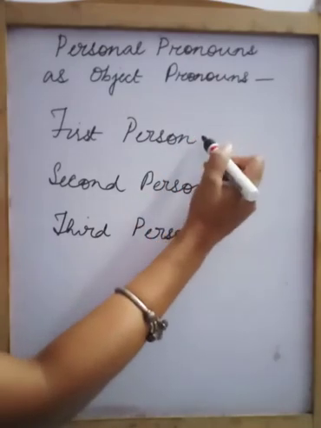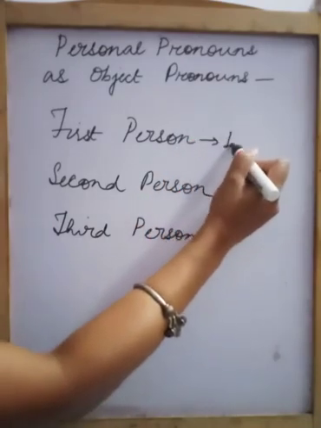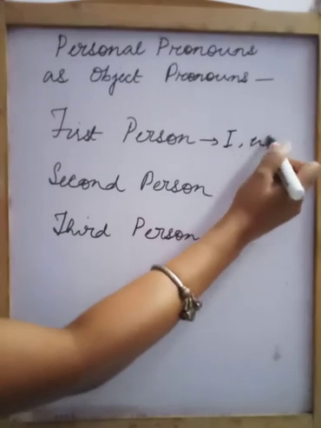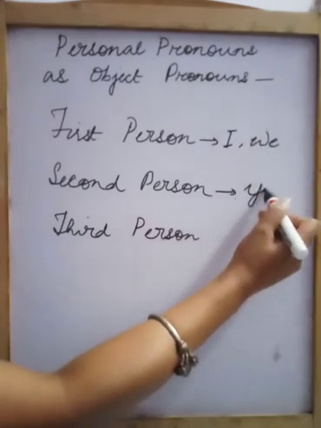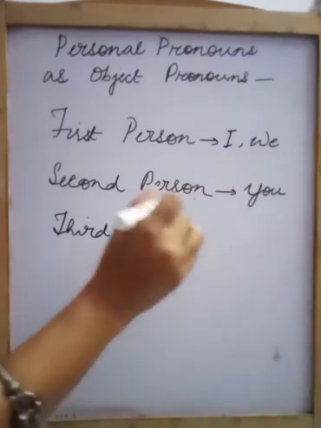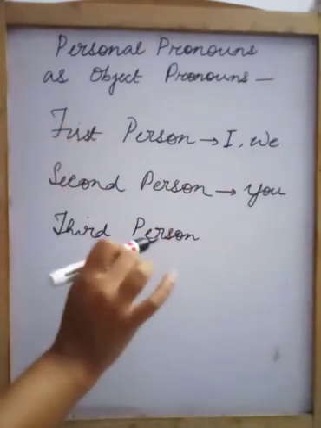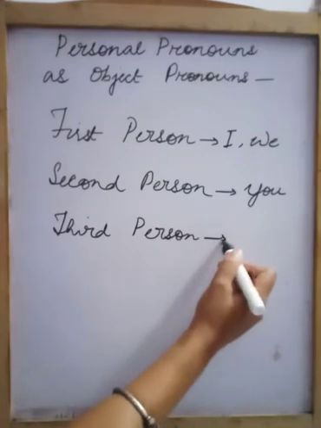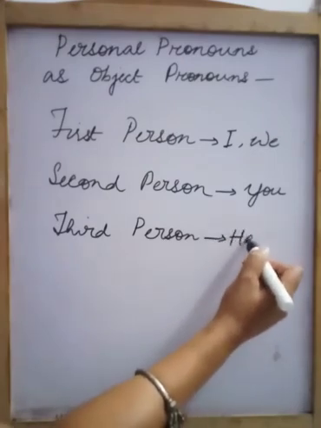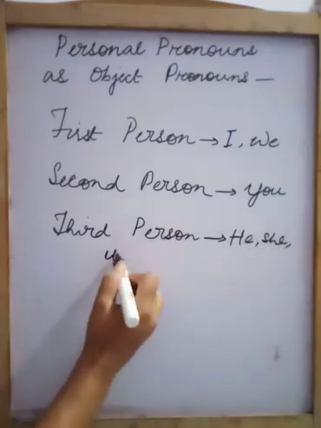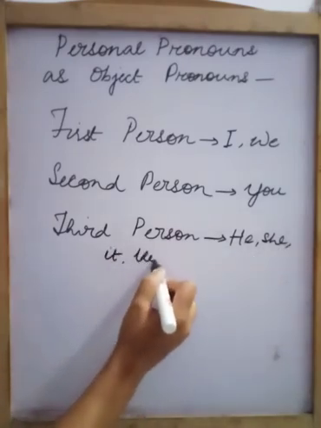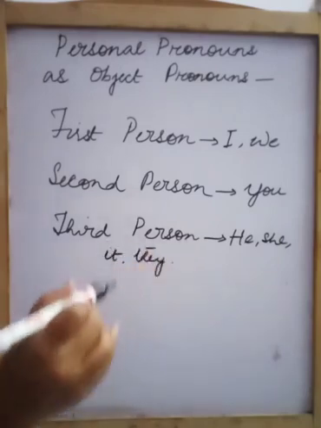Under first person, we have I and we. Under second person, we have you, and you is both singular and plural. Under third person, we have he, she, and it, as well as they.